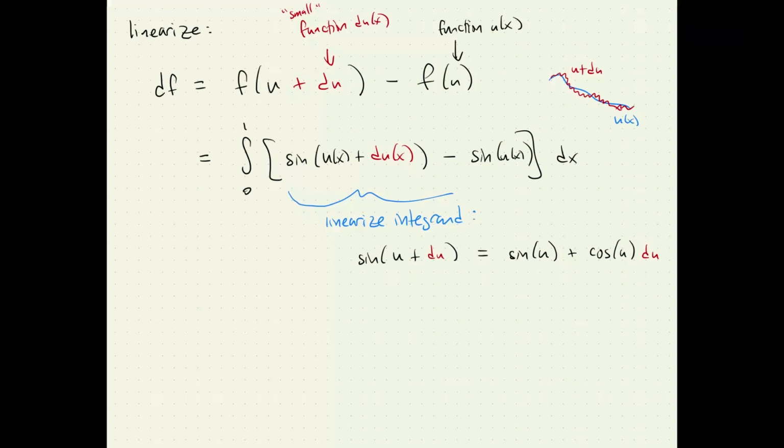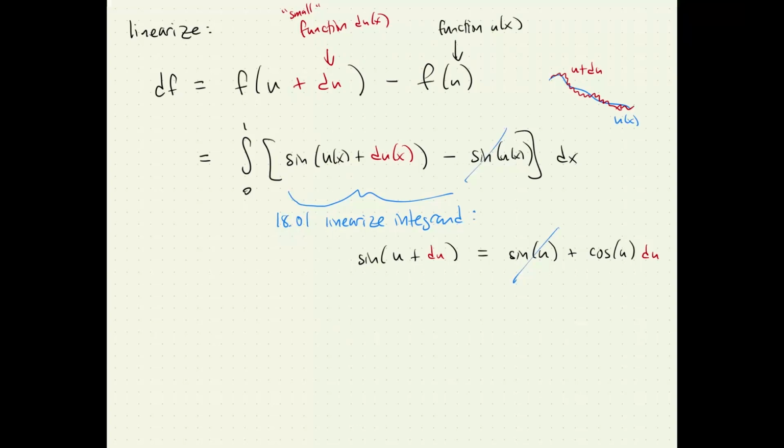Right? At each x, I have a small change in u of x. So this is just ordinary 18.01 linearization, from lecture 1 of this class. This is just a number, ordinary linearization. And then, of course, this term here cancels that term.